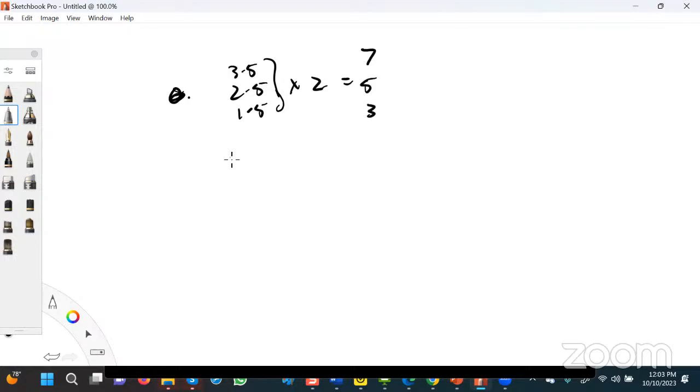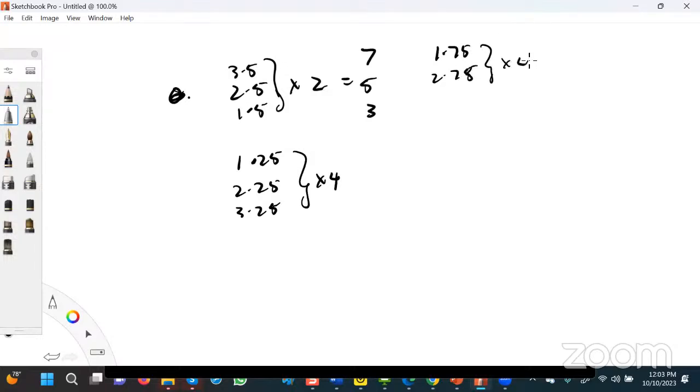If your number has something like 0.25, for example 1.25, 2.25, 3.25, and so on, then you have to multiply those numbers by 4. If your number has 0.75, like 1.75, 2.75, etc., then you also multiply by 4.